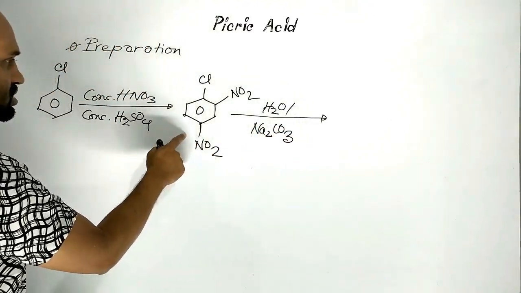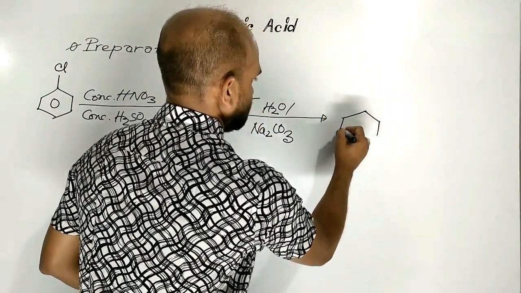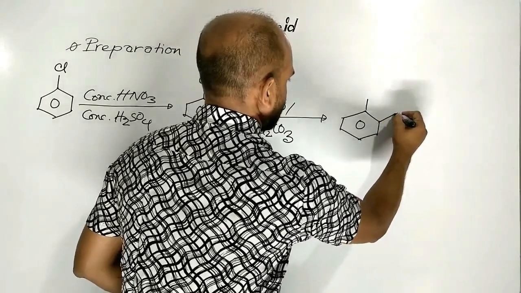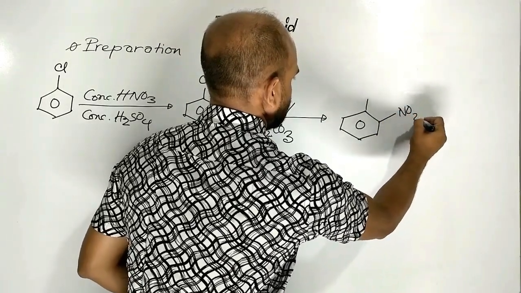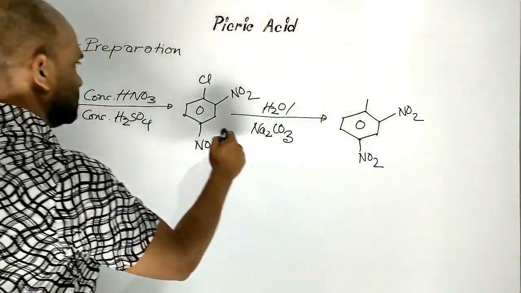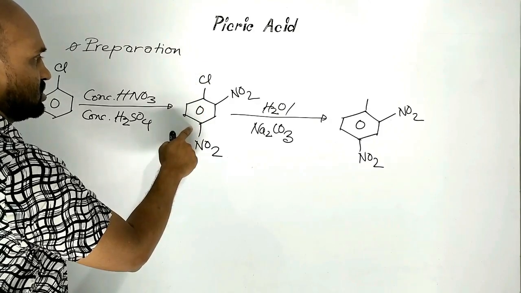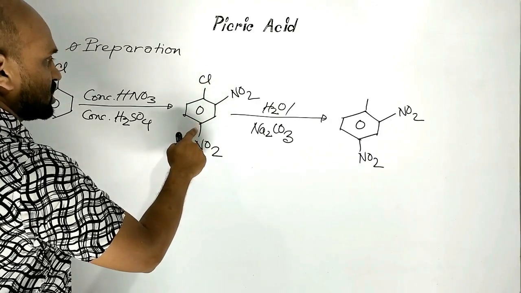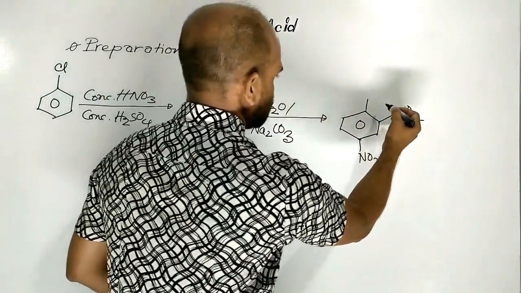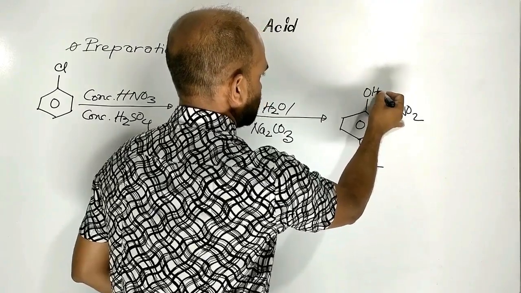Then this compound converts to this one. At ortho position nitro group, at para position nitro group, and the chlorine of 2,4-dinitrochlorobenzene undergoes replacement by hydroxyl group.